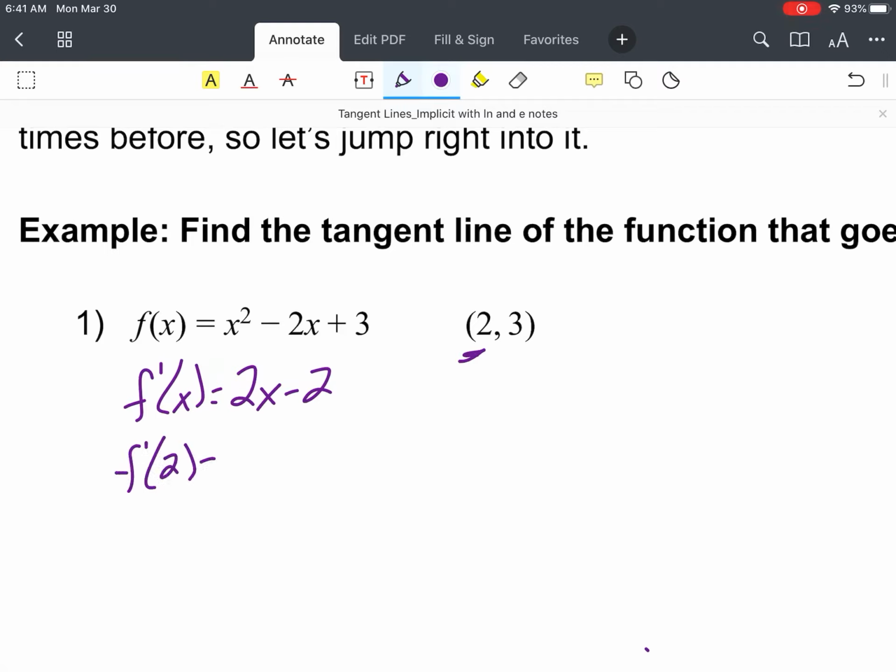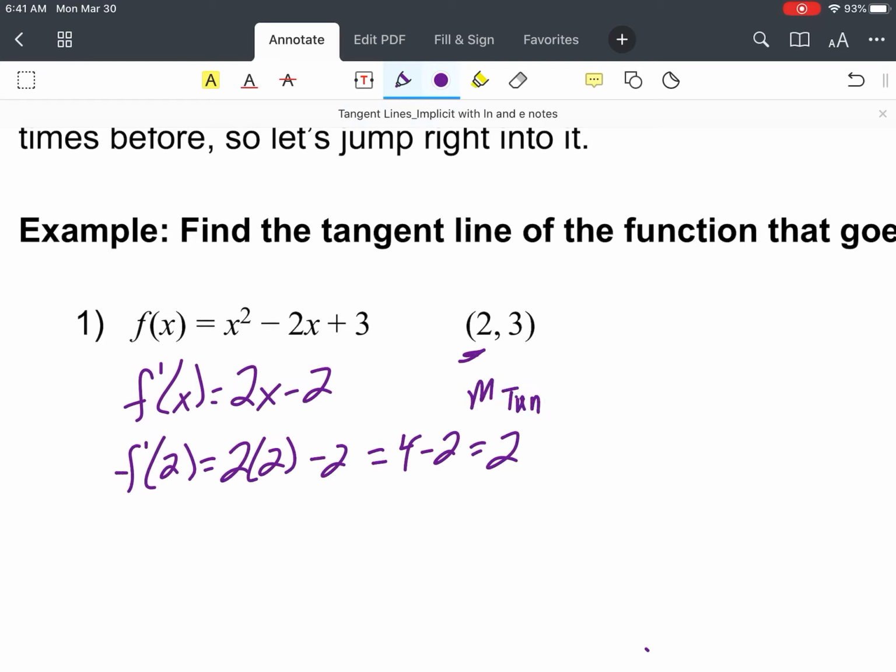Okay. So f prime of 2 is 2 times 2 minus 2, which is 4 minus 2, which is 2. Okay, so that is the slope of our tangent line.